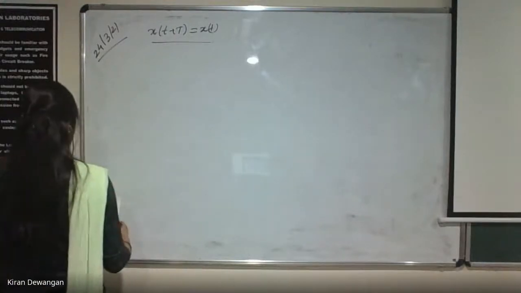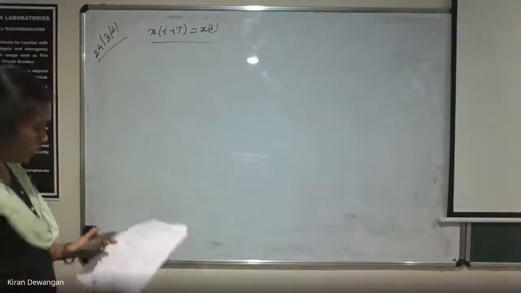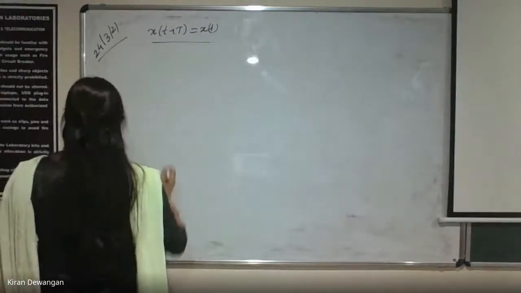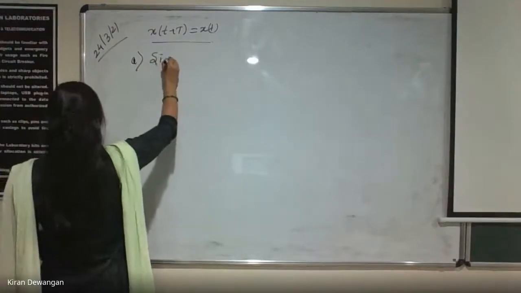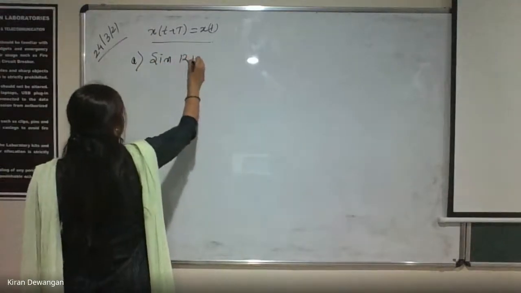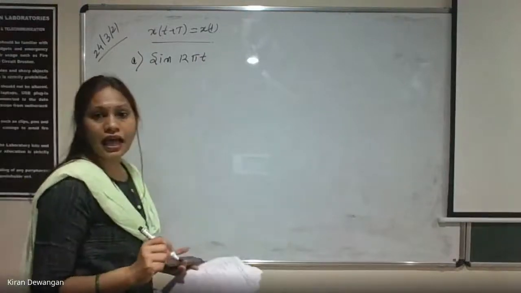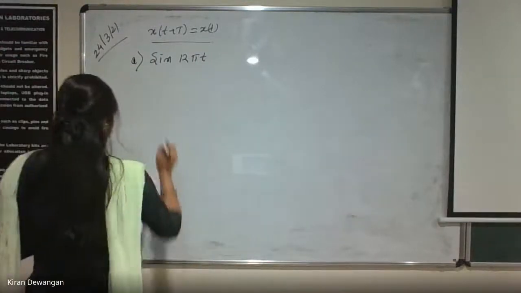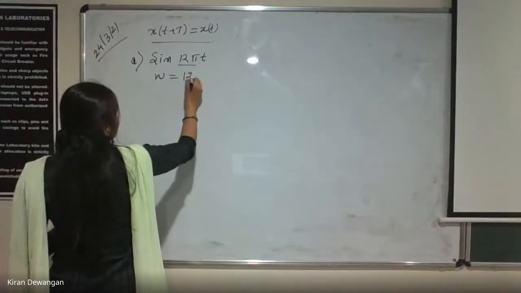Examine whether the signals are periodic or not. We just have to check whether the signal is periodic or not. Let us take A, that is sin 12 pi t. Now we know that sine can be defined as sin omega t. Clear? Here, what is omega? Omega is 12 pi.